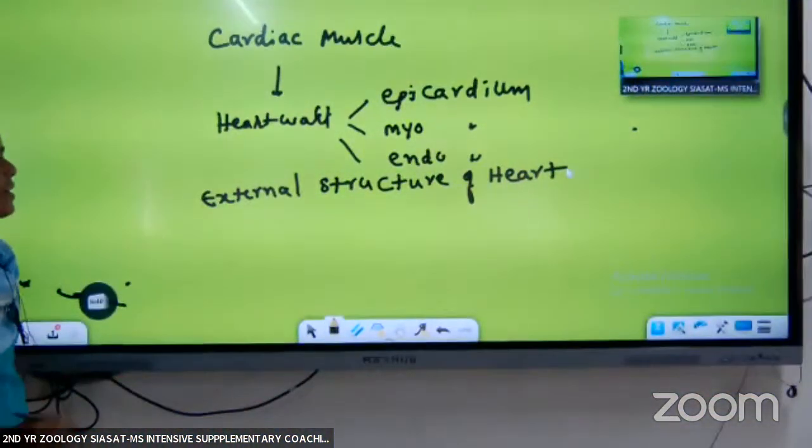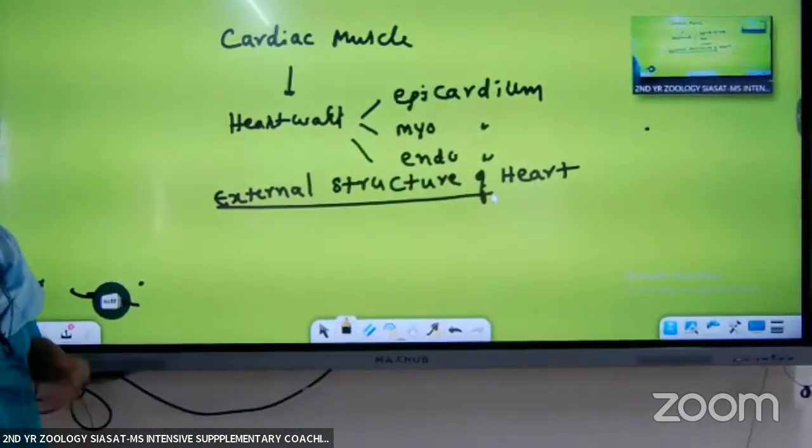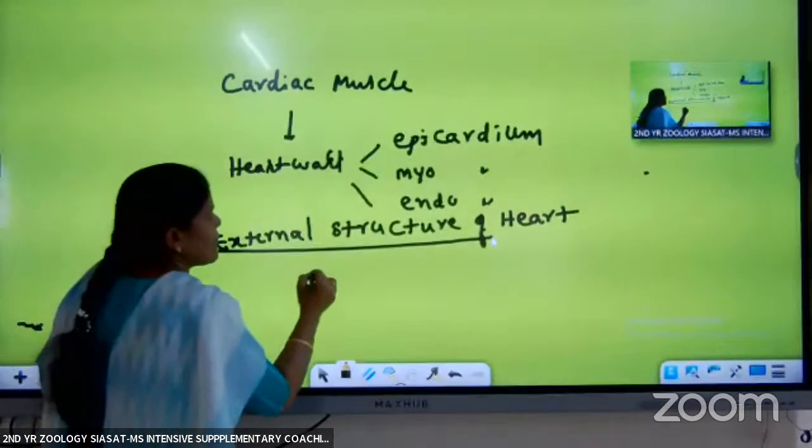The external structure of the heart is visible only if the four chambers are visible.